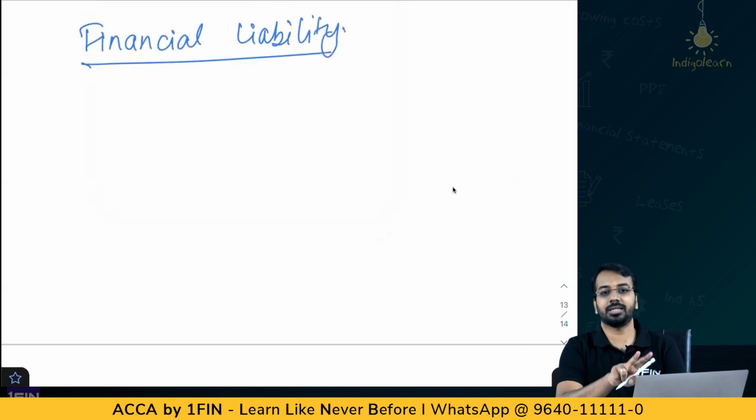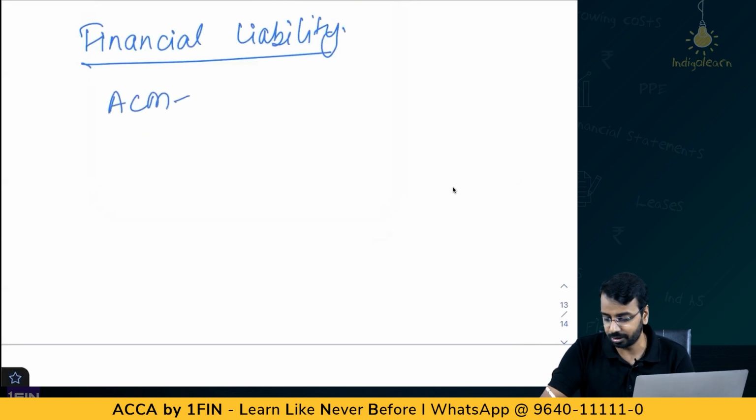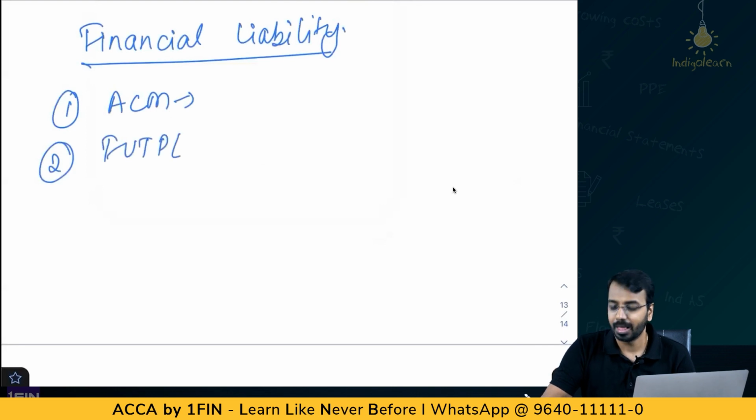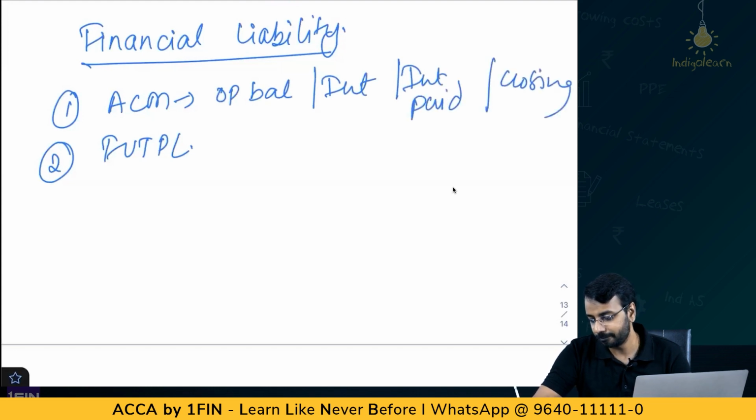So financial liability is just the opposite of your financial asset. Here you will follow the amortized cost method or fair value through P&L. Under the amortized cost method also, again, you will have opening balance, interest, interest paid, and closing balance.